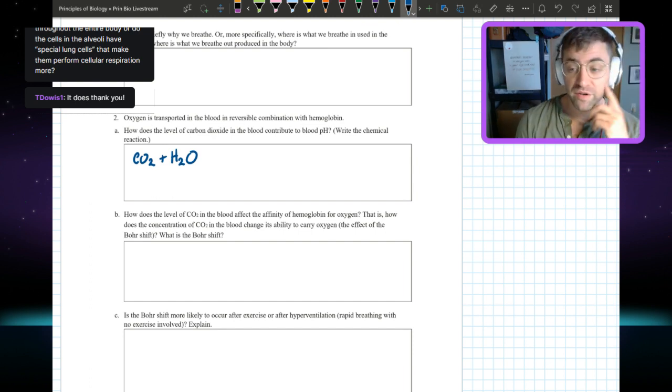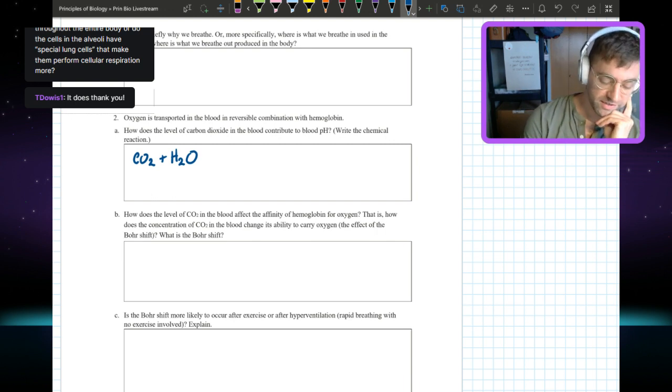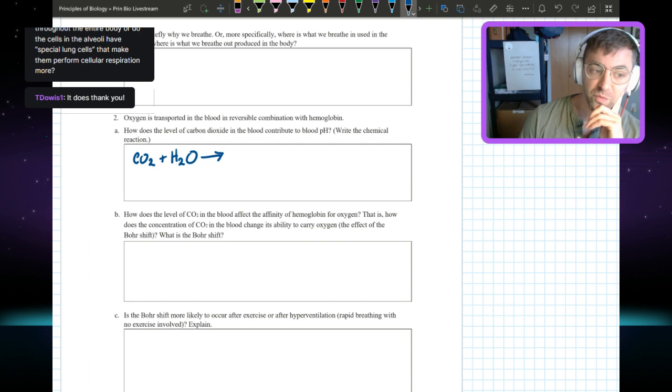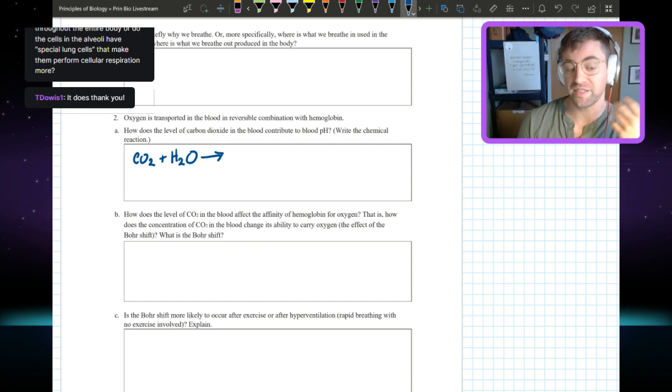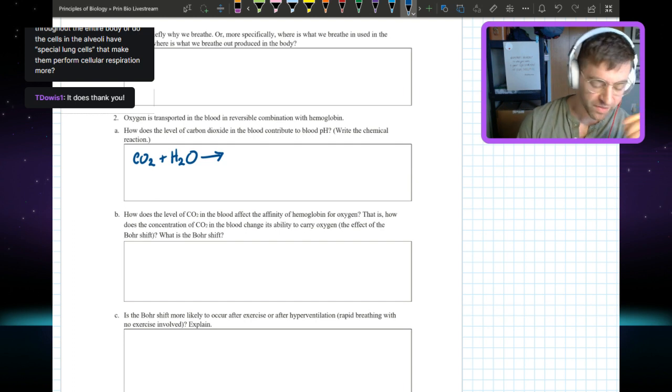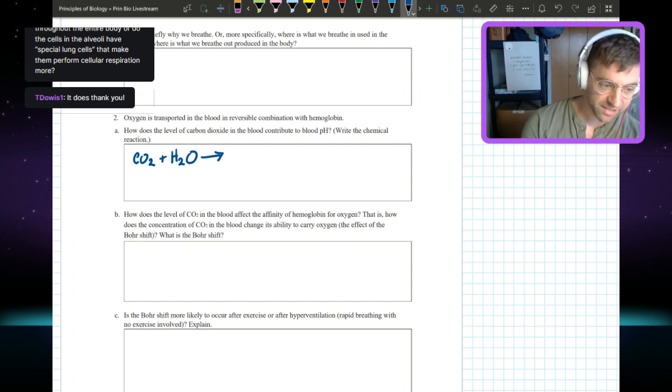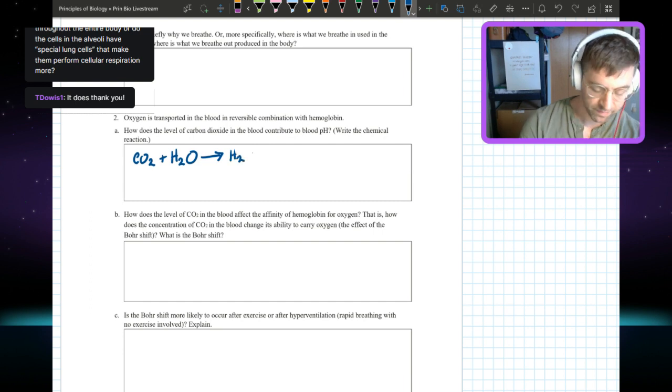You may remember from Gen Chem, if you guys are in that, this process may have been described in detail, talking about the acidification of reefs. It's the exact same process, and it has to do with carbonic acid, H2CO3.